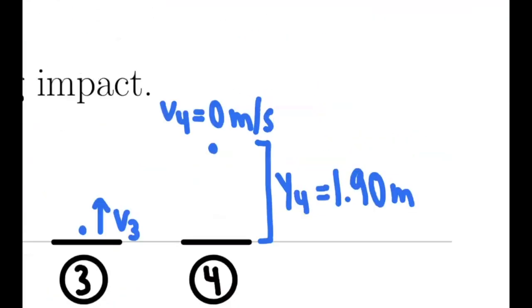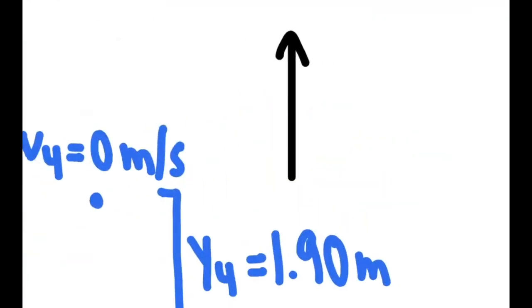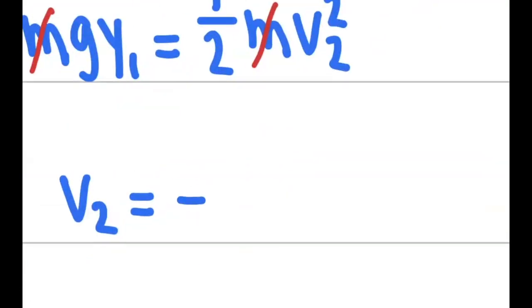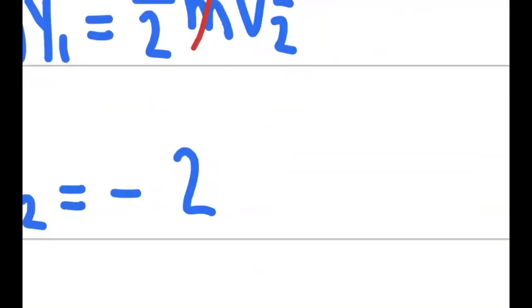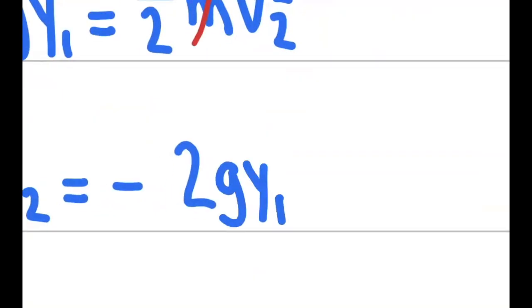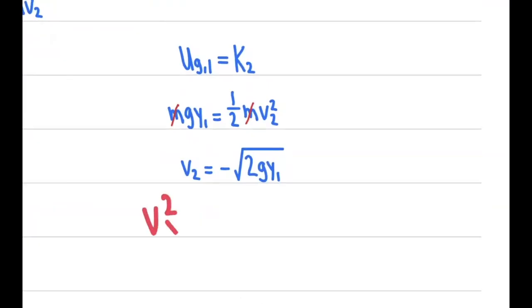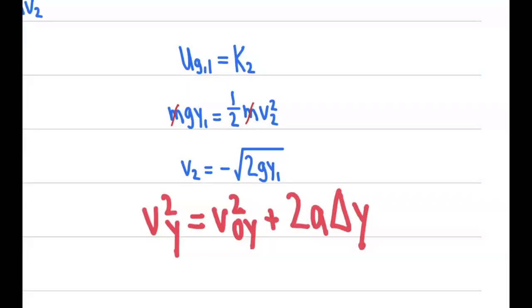I didn't say this yet, but I'm defining up as the positive y direction. So this is the negative square root of 2g y1. I could have used kinematics also, like v_y squared equals v initial y squared plus 2a delta y.